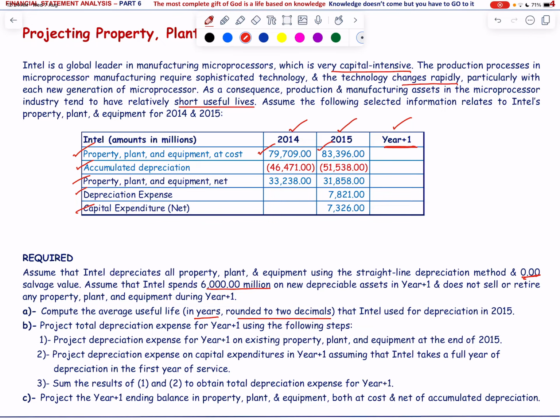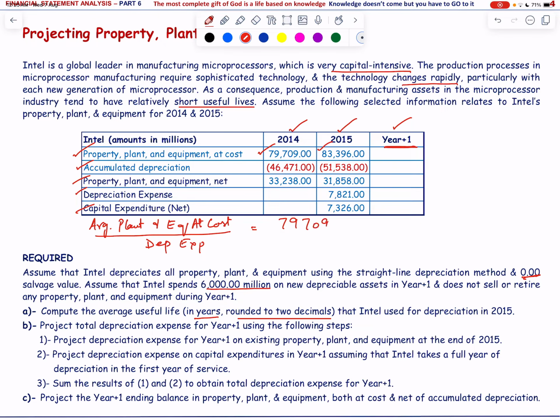So the average plant and equipment at cost divided by the depreciation expense.